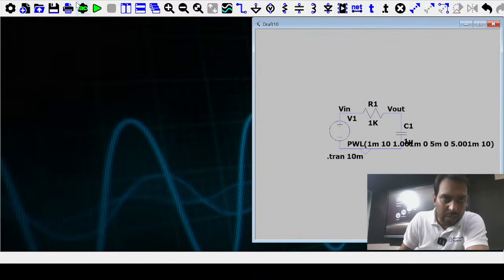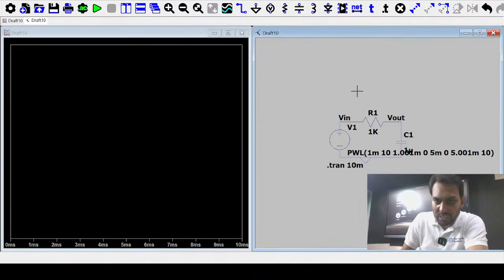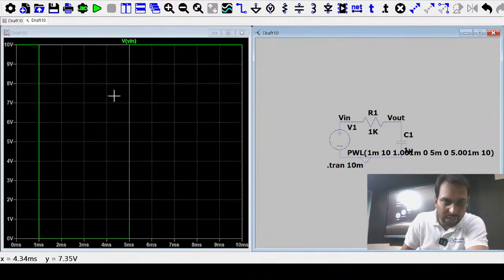So I am just changing that. What is happening here? I have an input voltage, and now it is changing. It is 10 volt till 1 millisecond, then from 1 millisecond to 5 millisecond it is maintained at 0 volt, and after 5 millisecond it becomes 10 volt, so it is a different waveform from the previous one.